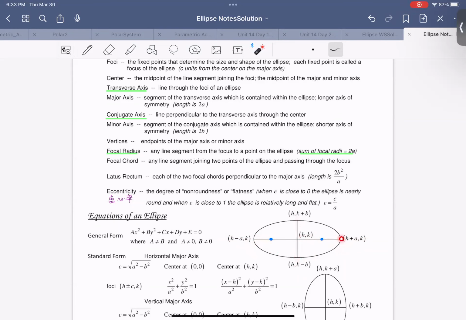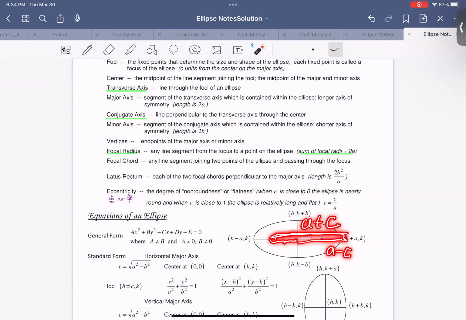When your pen is over here, this total distance is a. This part is c. So this piece is a minus c. And then this guy to here, this distance is c. This distance is a. So this is a plus c.